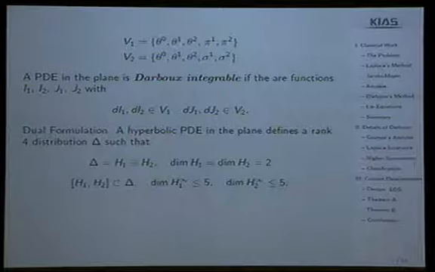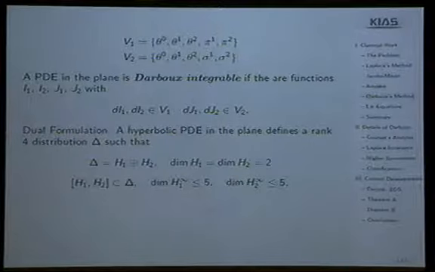Here's the dual formulation. So we've seen a lot of discussion about geometric structures in terms of distributions. Here I put the dual distribution. So the dual to the original three forms, theta 0, theta 1, theta 2, would be a rank 4 distribution delta.